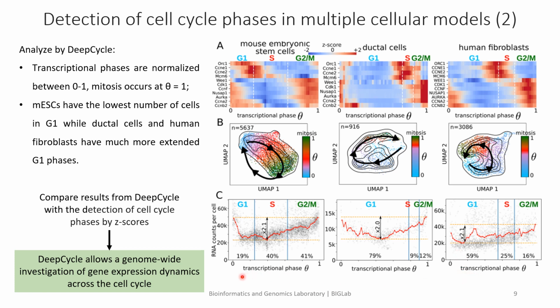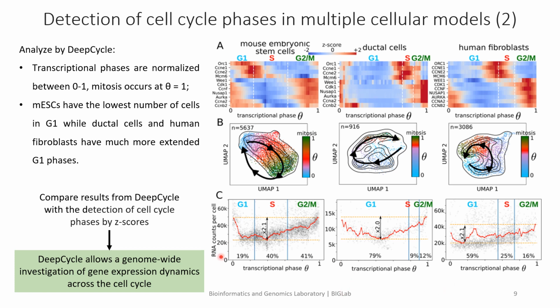We can see that only 19% of mouse embryonic stem cells are in G1 phase, but in contrast, there are up to 79% and 59% of cells in G1 for ductal cells and human fibroblasts, respectively.